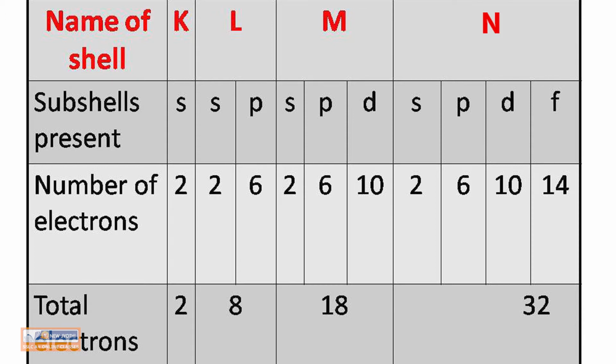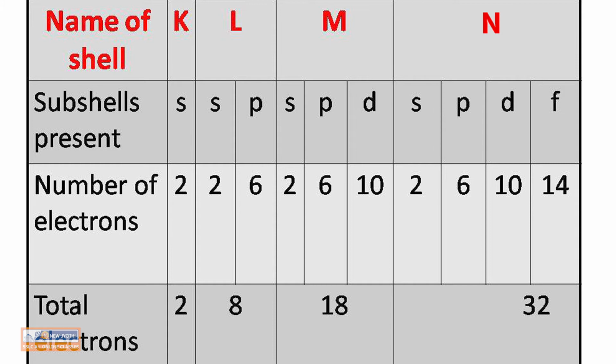These subshells are named S, P, D and F. All shells have subshells. The first shell or K shell has one subshell named 1s. The second or L shell has 2 subshells, that is S and P, named 2s and 2p.